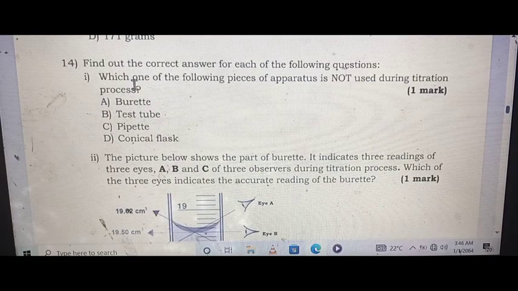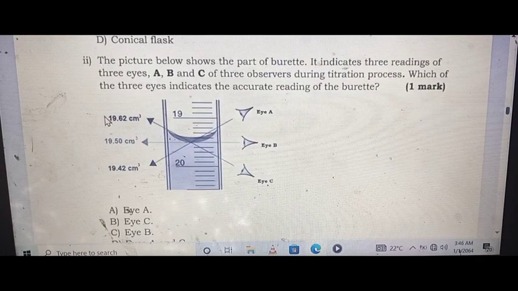Question 14. Find out the correct answer of each of the following questions. Which of the following pieces of apparatus is not used during the titration process? The correct answer is letter B, test tube. 2. The picture below shows part of a burette.